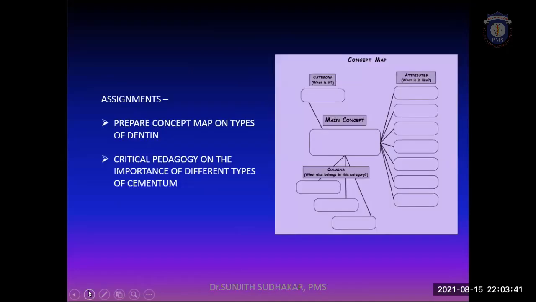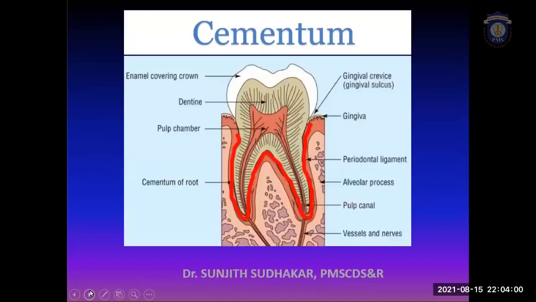The assignment for the topic would be to prepare a concept map on the different types of cementum, and you have to learn, as a critical pedagogy, the importance of the different types of cementum. That would end the topic, types of cementum. Thank you.